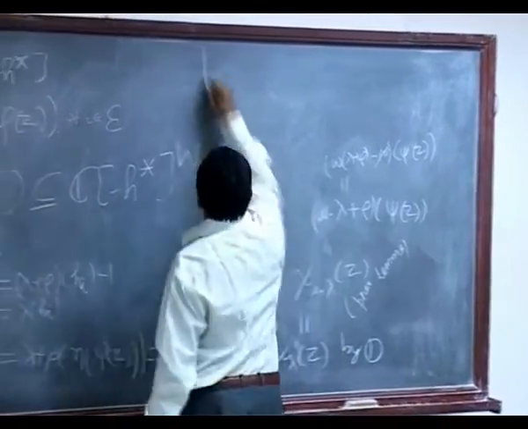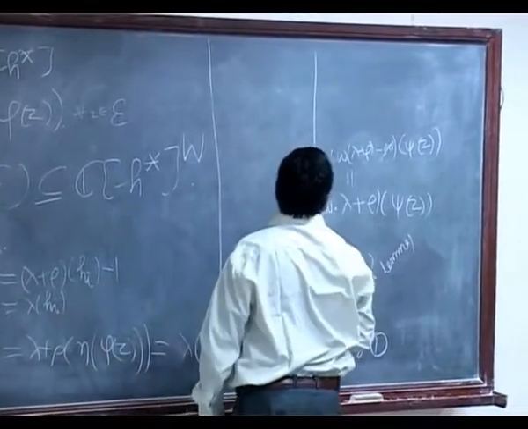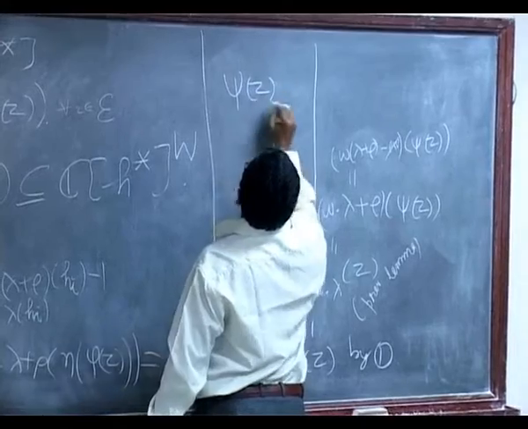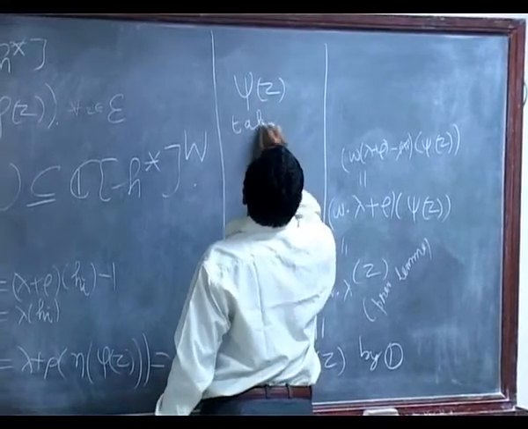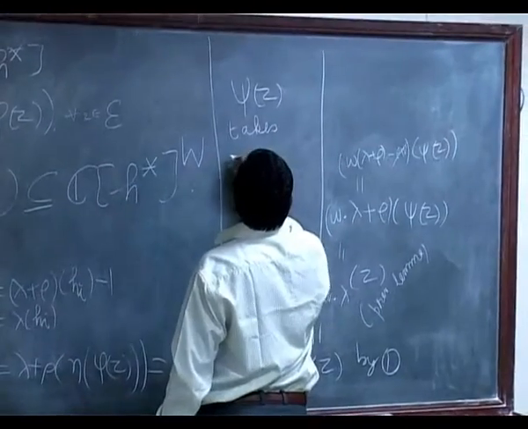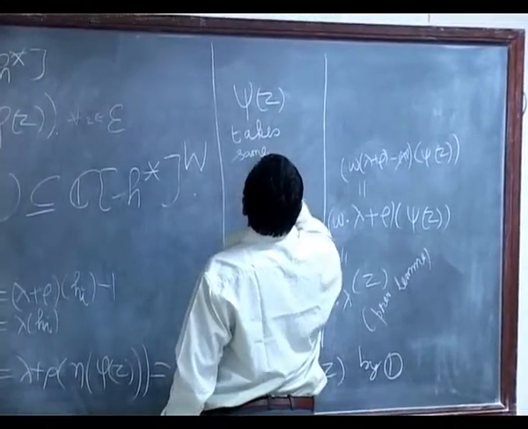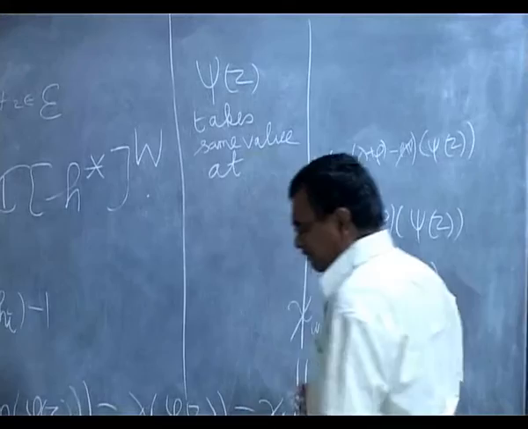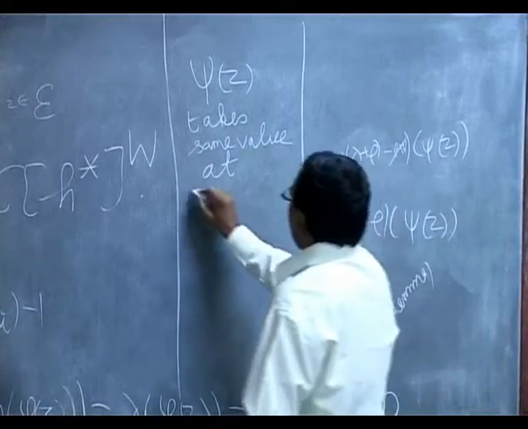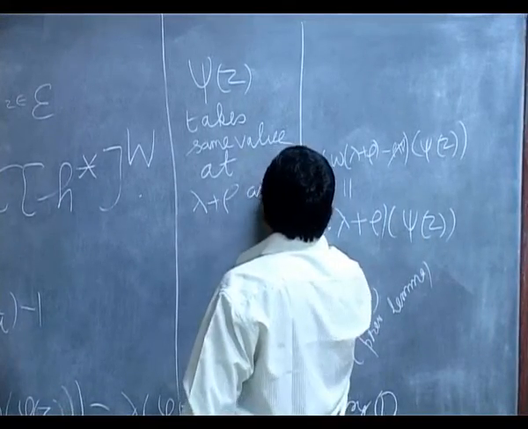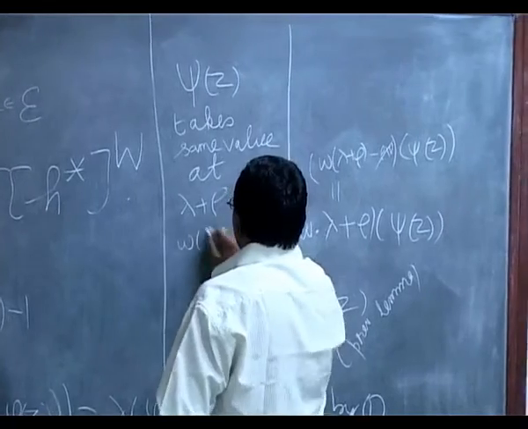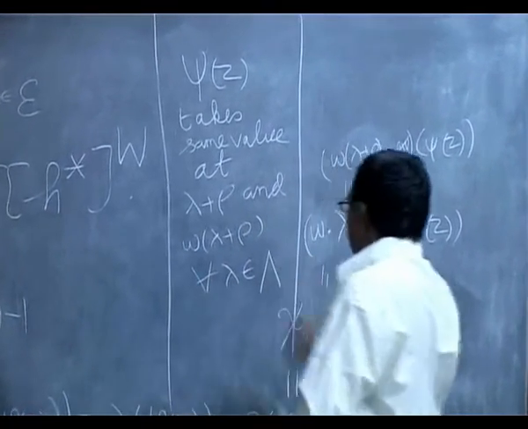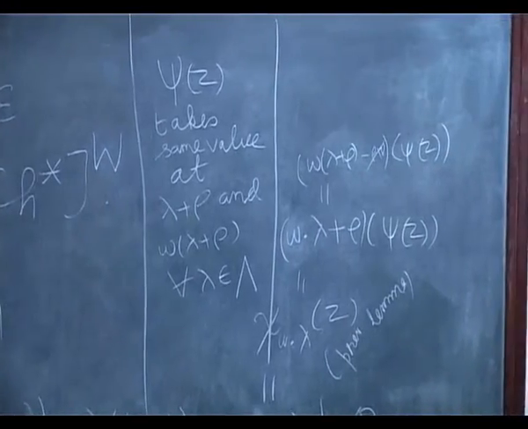This entire thing shows that psi of z takes the same value at lambda plus rho and w of lambda plus rho for every lambda. This is what we have arrived at.